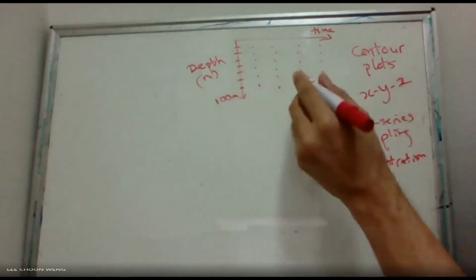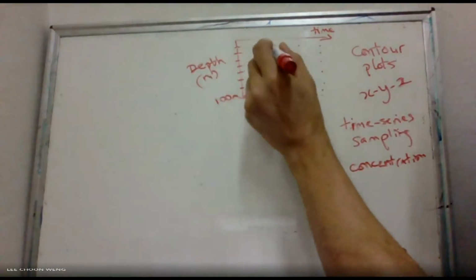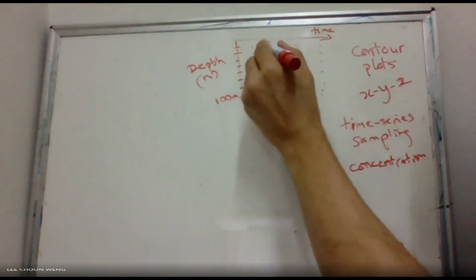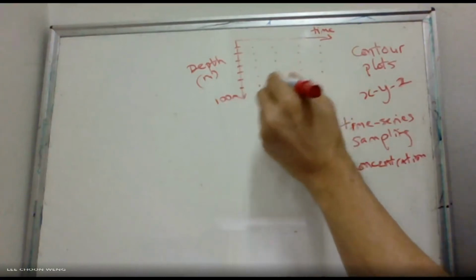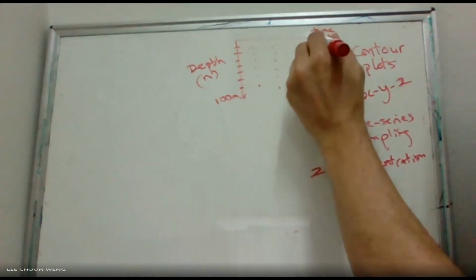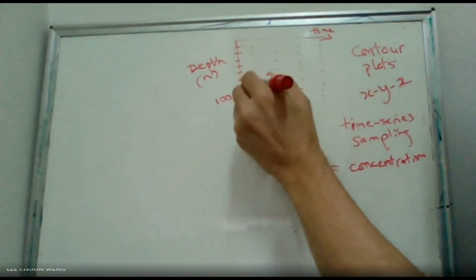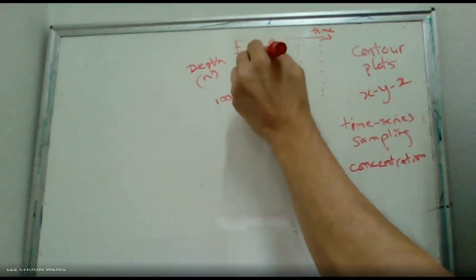Contour plots are drawn by software. Usually they will look at the concentration at the points, and then they will plot out the contours, maybe like this.